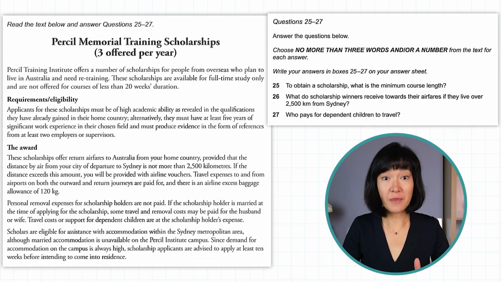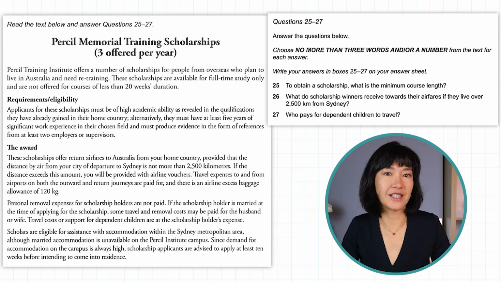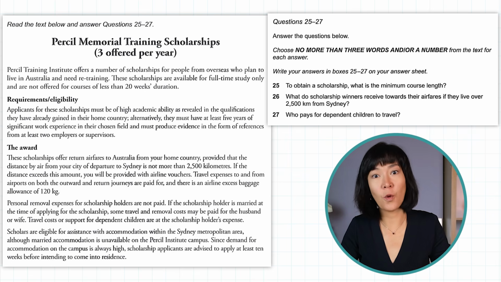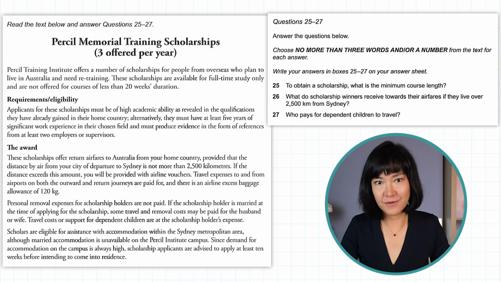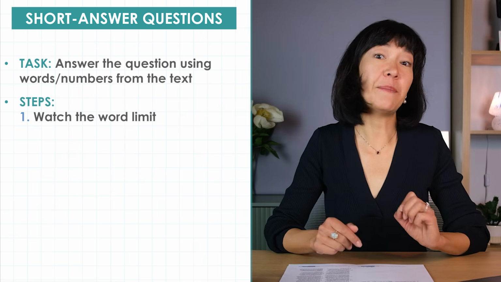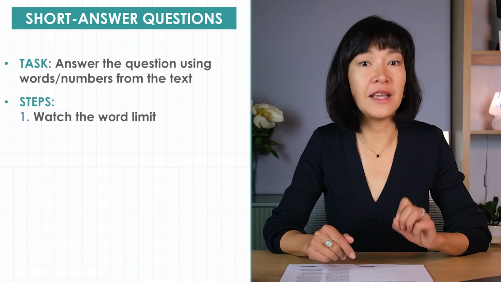Now we have a short passage about scholarships and some short answer questions. Basically, there is a question and you give a short answer using words or numbers from the passage. You don't write your own words. You take them from the text. You should really pay attention to the word limit.